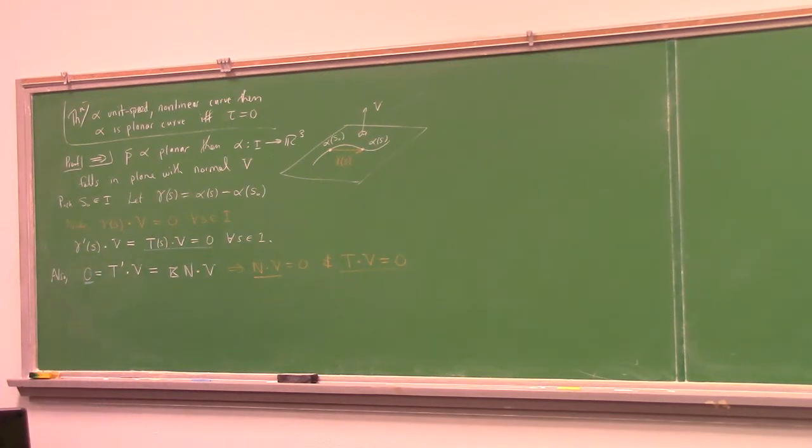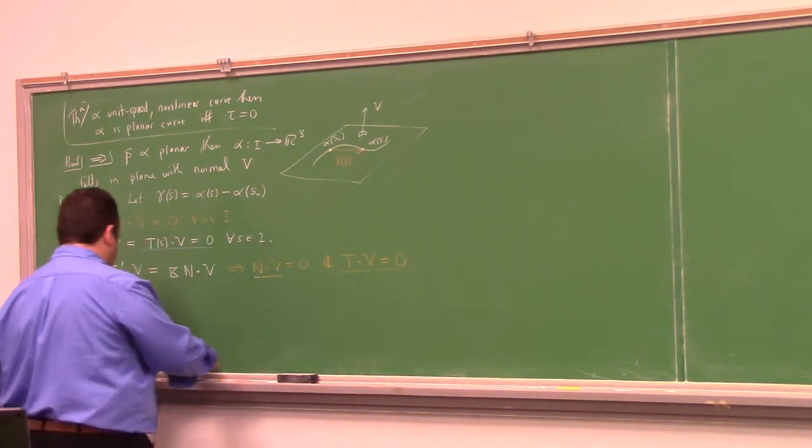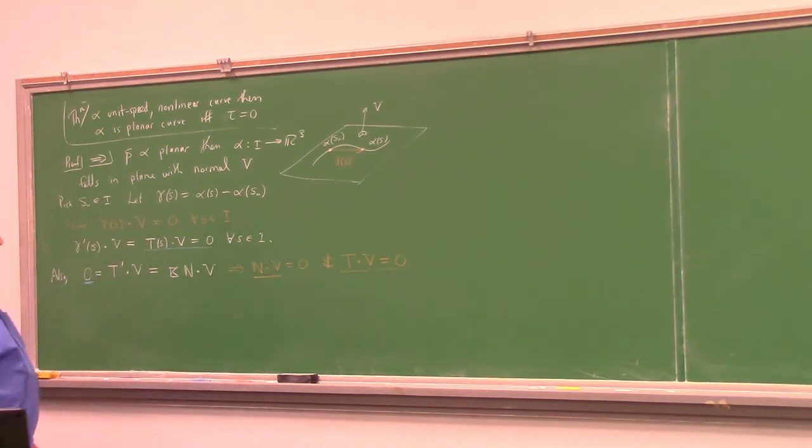If V is perpendicular to both n and T, and V is non-zero, it must be that V lies in the b direction.